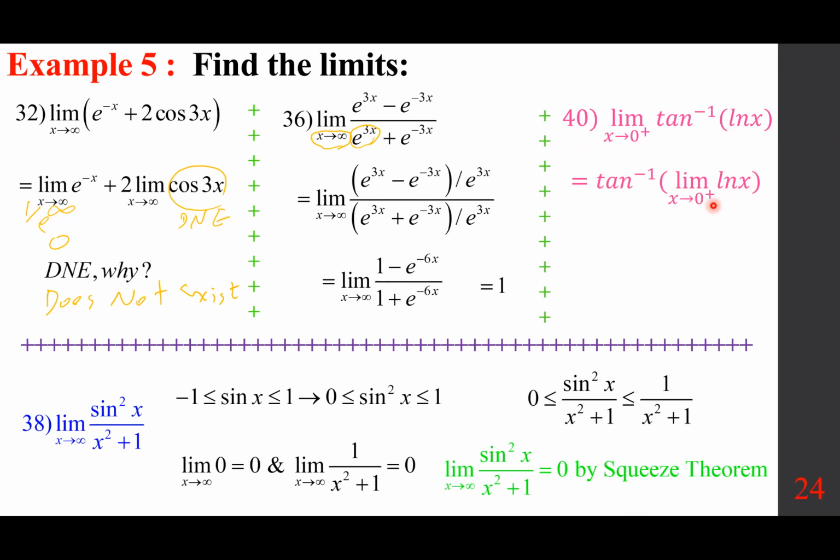This expression is negative infinity. And the reason why, I'm going to remind you of the graph of y equals ln x, and that makes it clear. So it's tan inverse of negative infinity, which is minus pi over 2.